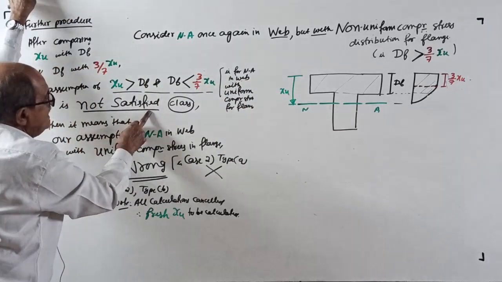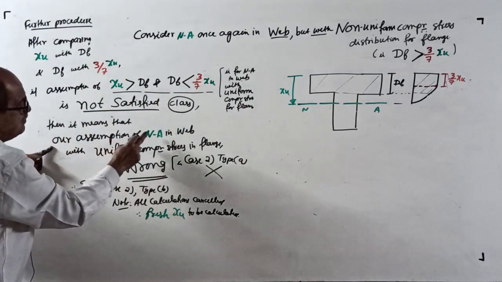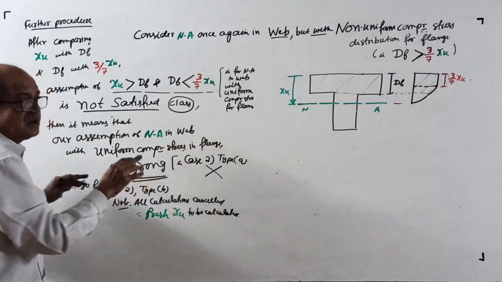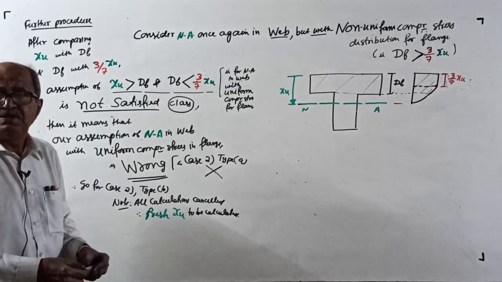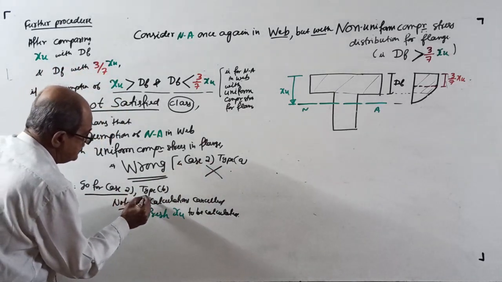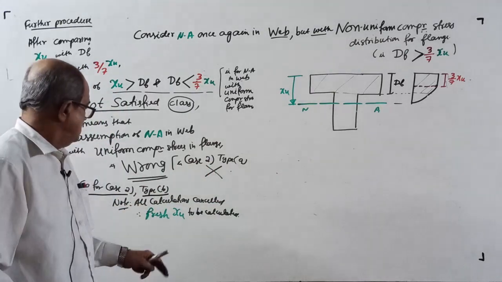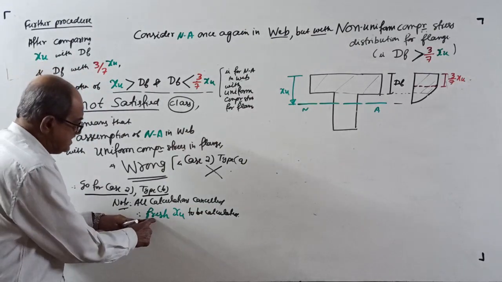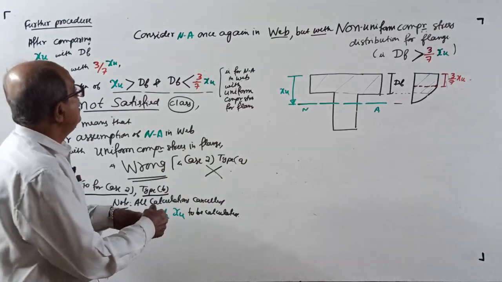If it is not satisfied, then our assumption is wrong. That is, case 2 type A is wrong. Therefore, go for case 2 type B. Note, all calculations get cancelled. Once again, fresh xu you have to calculate, because wrong equation.